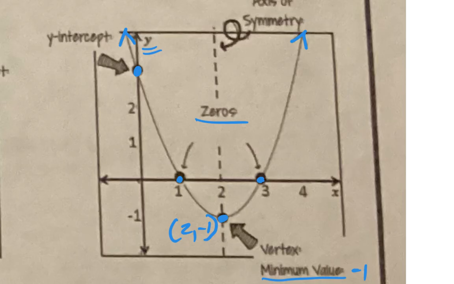I can now do the axis of symmetry. Okay, see that dashed line? It goes through my vertex. So we, again, want to set up all axis of symmetries by starting off with x equals the x coordinate of my vertex. So the x coordinate of the vertex is 2. X equals 2. That is my axis of symmetry.